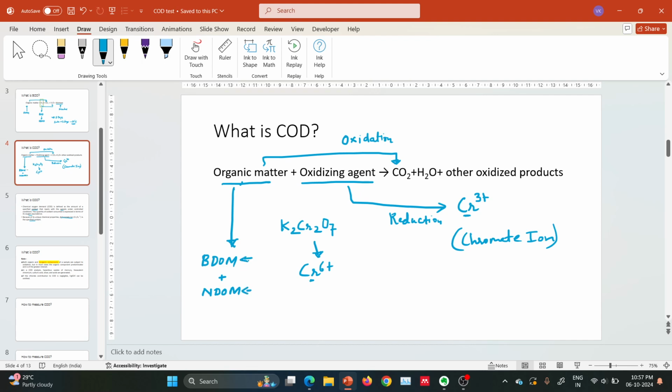Both will be oxidized in COD. So the COD value is, in general, more than BOD. Generally, it can be equal also.